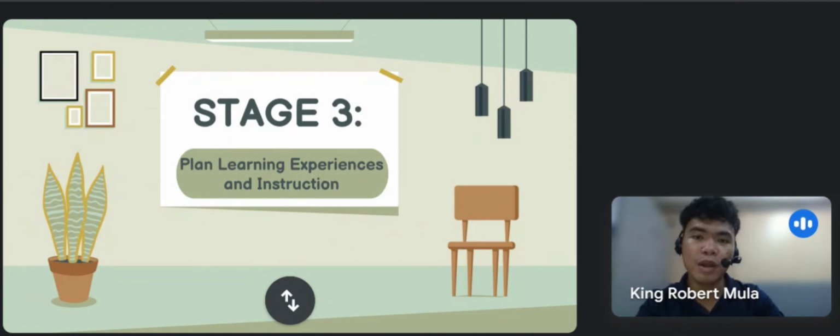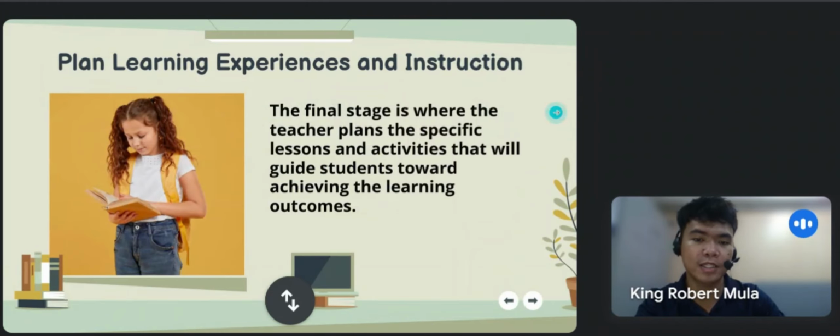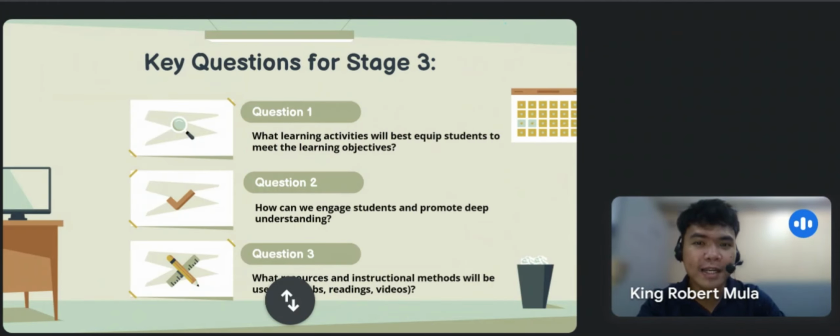Once we know what the students need to learn and how we will measure it, we can design the learning activities. These are the key questions to be answered. What learning activities best equip students to meet the objectives? How can we engage them and promote deeper understanding? And what kind of resources and instructional methods will we use?